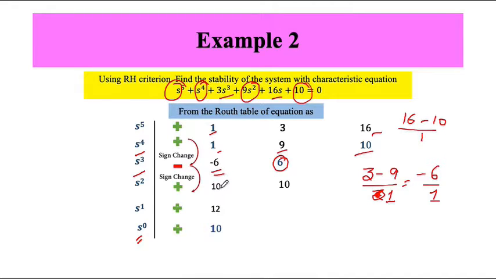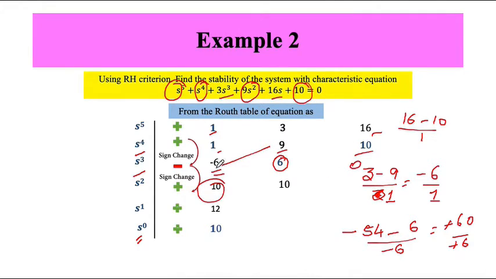Again similarly we calculate: minus 6 into 9, that is minus 54, minus 6, so it is minus 60 divided by minus 6. If it cancels, it is 10. Similarly, for the next term the numerator is minus 6 times 10, the other part is 0, and divided by minus 6 gives me 10. So likewise I have calculated all the terms.